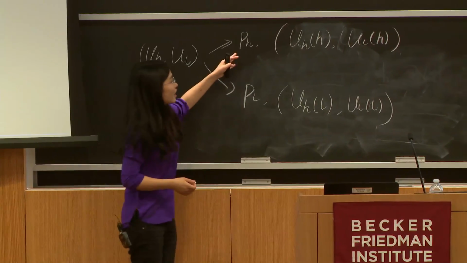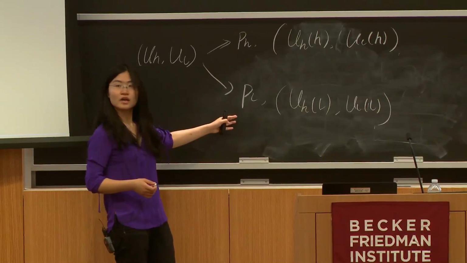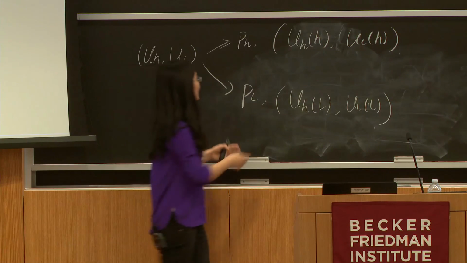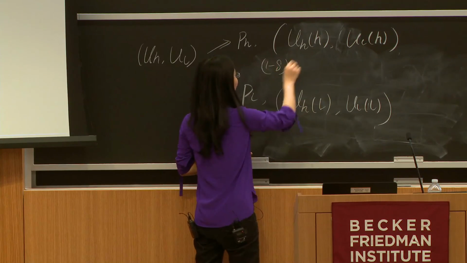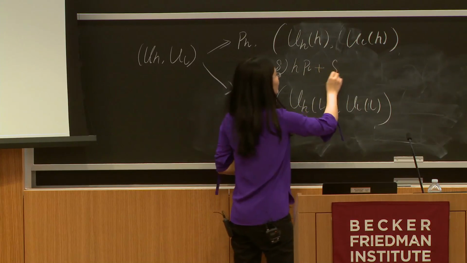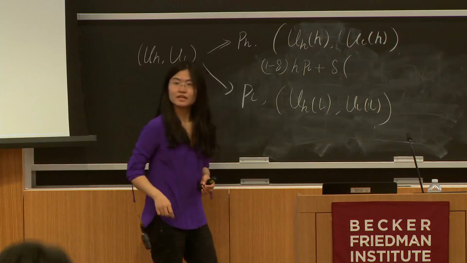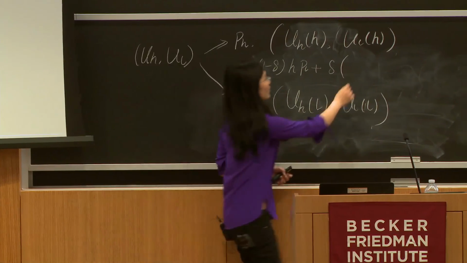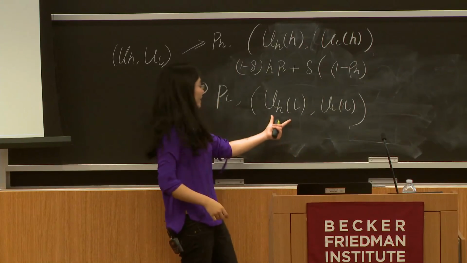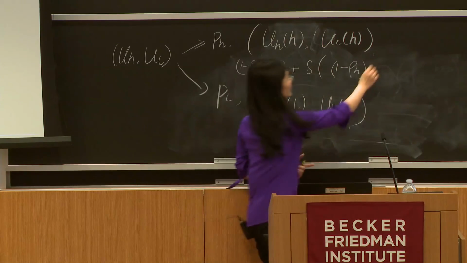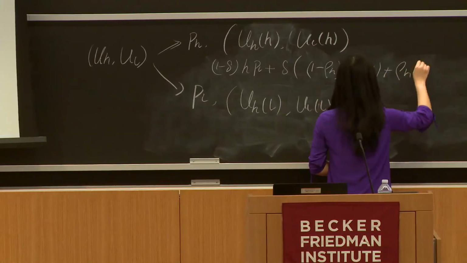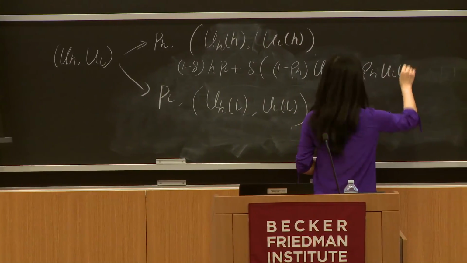If he is a high type and he claims this package for the low type, he will get 1 minus delta times H times PL, plus delta times the following. He knows that he is a high type tomorrow with probability 1 minus rho H, but he will get this UHL tomorrow, plus rho H times ULL tomorrow.